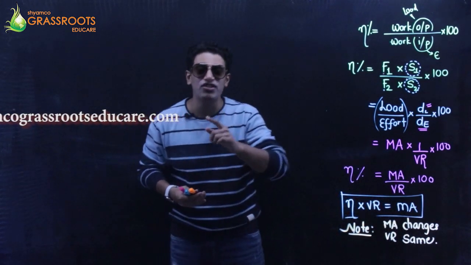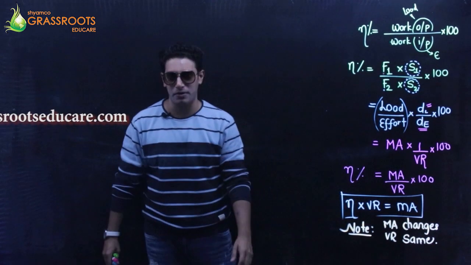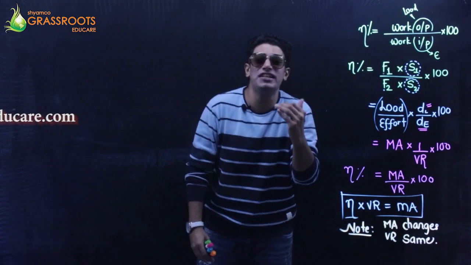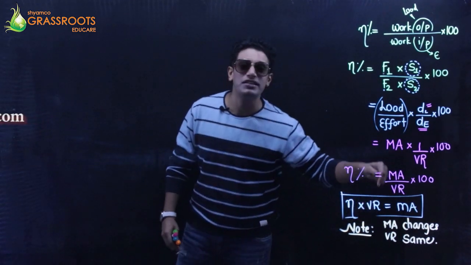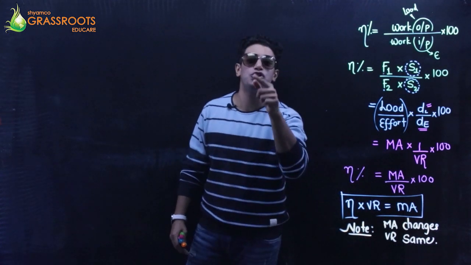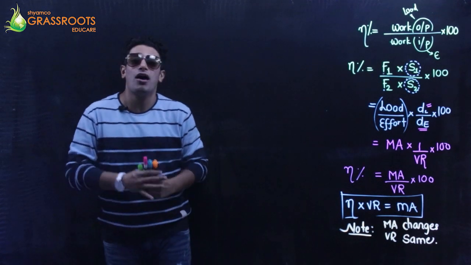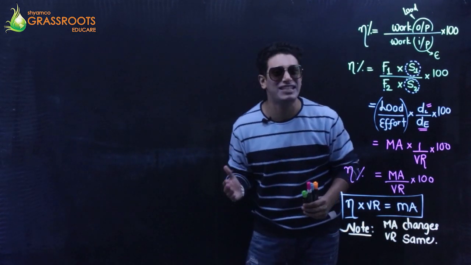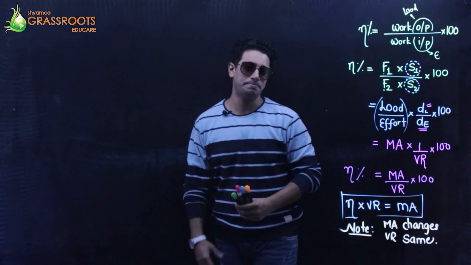So remember very cautiously that due to the friction of the moving parts and the change in the rigidity, the toughness, mechanical advantage decreases, but velocity ratio remains the same. So velocity ratio is unaffected by the moving parts of the machine. It does not change with time. Mechanical advantage decreases with time.